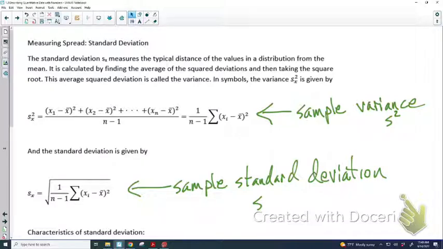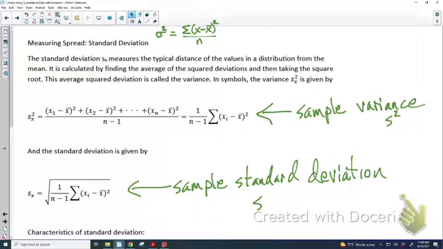The big difference between this class, AP Stats, and for example IB or some other statistics classes is some others like to use population standard deviation or population variance. So if you divide by n, that is lowercase sigma squared, which is the summation, it looks very similar by the way, of the deviation squared divided by n.